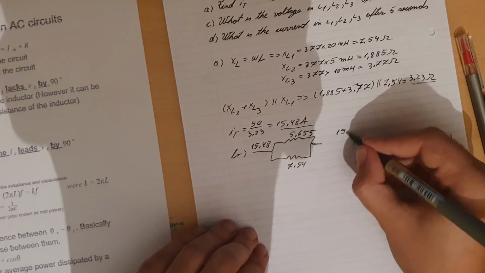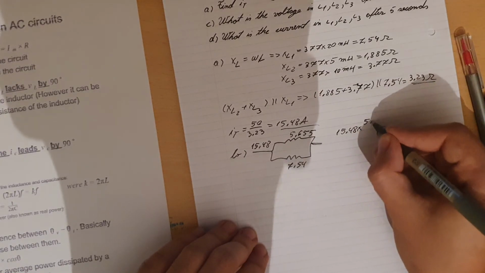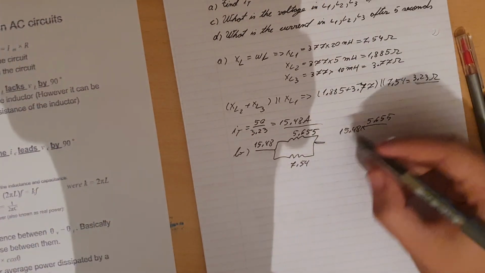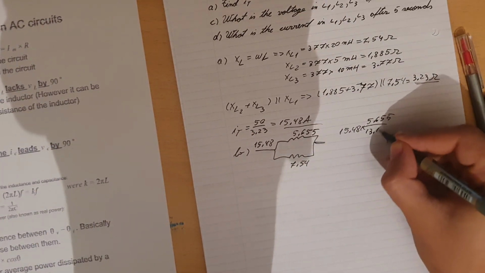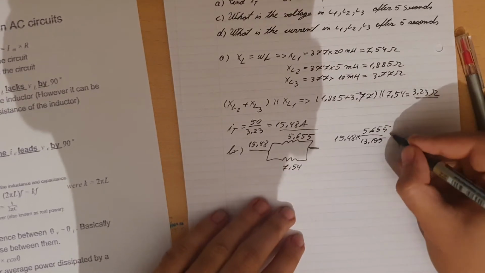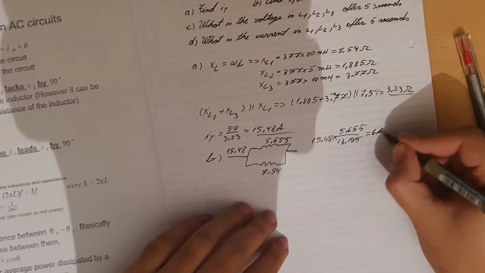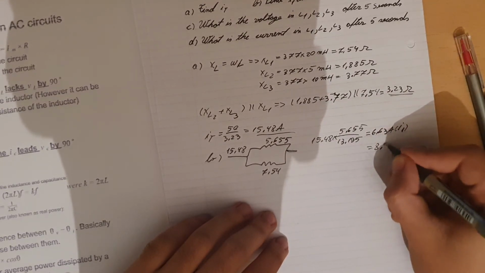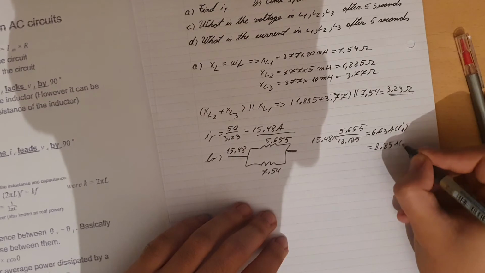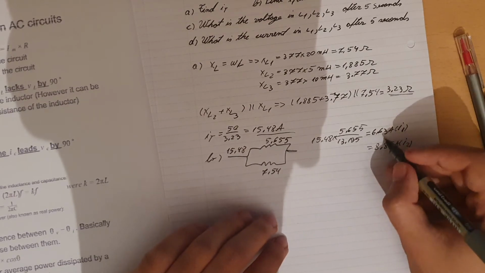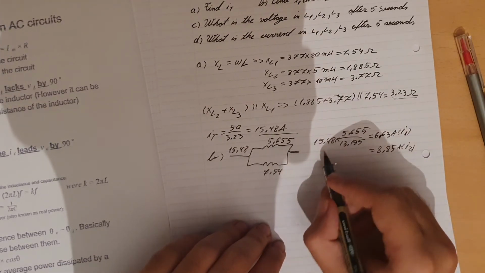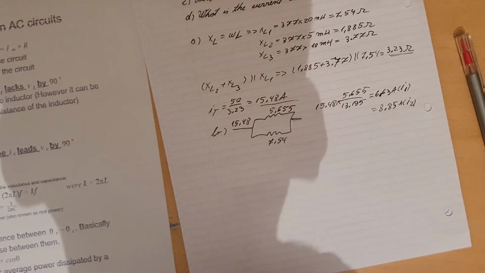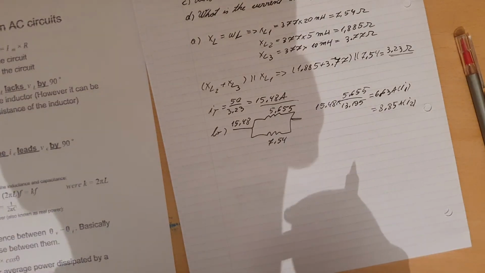So 15.48 multiplied by 5.655 divided by the two values added together, that will be 13.195, which is equal to 6.63 amps. That will be I1. And then I2 will be equal to 8.85 amps, because you do 15.48 minus 6.63, that'll give you 8.85. All right, so that's it for B as well.